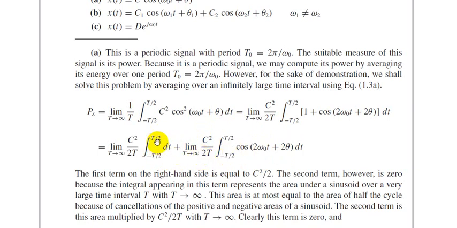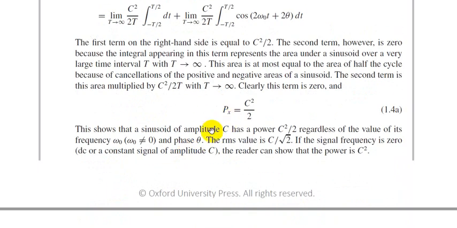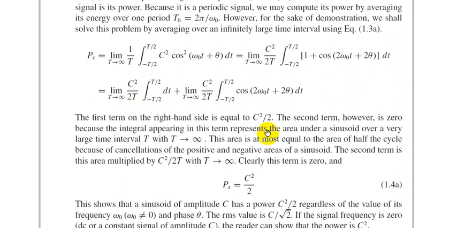If we integrate the first part, you will get capital T, and the capital T and the t cancel out. Therefore, in the result you will get only c square by 2. So power has become c square divided by 2.